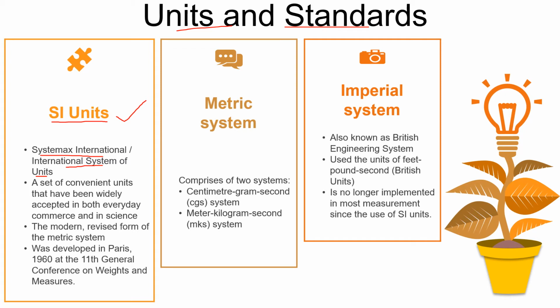And it is a set of convenient units that have been widely accepted in both everyday commerce and in science. It can be used in business too, for example, if you go to a tailor, they measure clothes in SI units. Sometimes some use inches, but mostly they use meters. And it is the modern revised form of the metric system. So it is among the modern ones, this SI unit. It was developed in Paris in 1960 at the 11th General Conference on Weights and Measures.